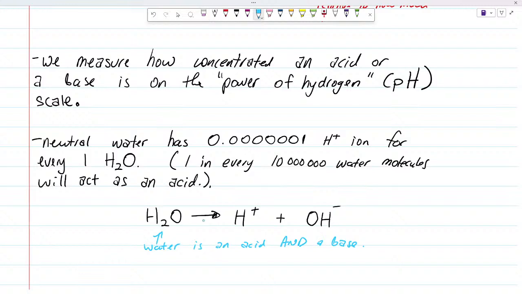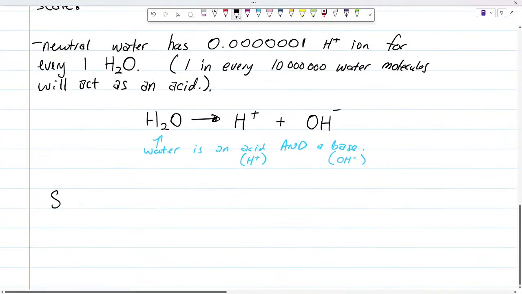So now the good thing is it does this almost not at all. How much? Only 1 in every 10 billion, which means water is practically not an acid and practically not a base. But even still, it's a little bit of an acid and a little bit of a base. Does that make sense? It's an acid because it releases that H plus, and it's a base because it releases that OH minus.